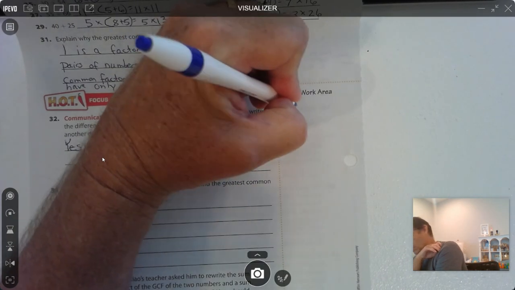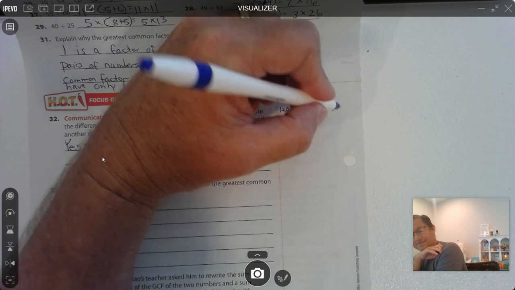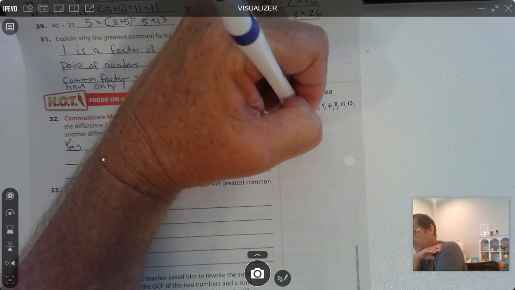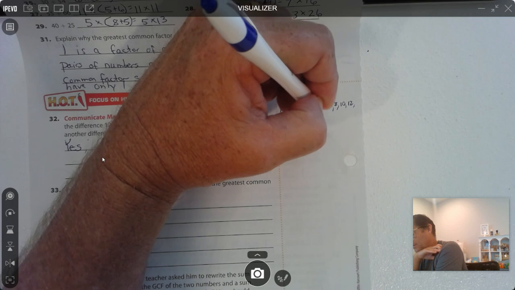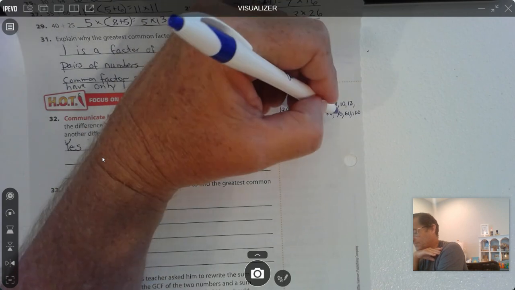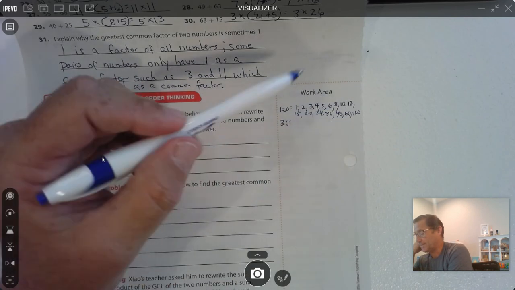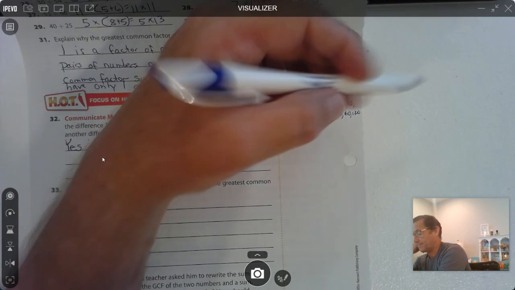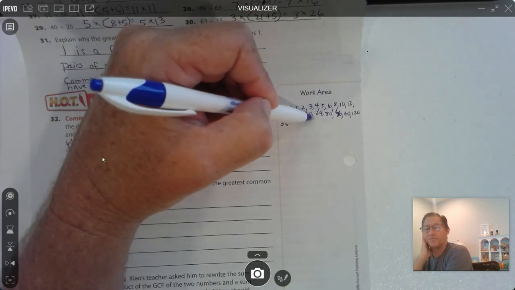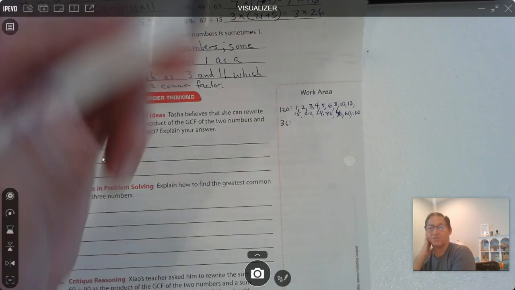So 120 would be 1, 2, 3, 4, 5, 6, 8, 10, 12, 15, 20, 24, 30, 40, 60, and 120. 1 times 120, 2 times 60, 3 times 40, 4 times 30, 5 times 24, 6 times 20, 8 times 15, and 10 times 12.